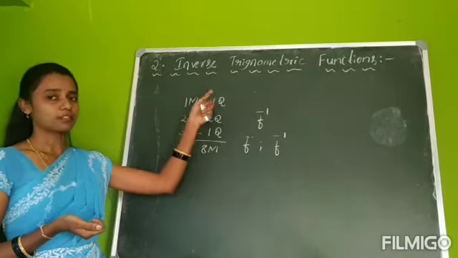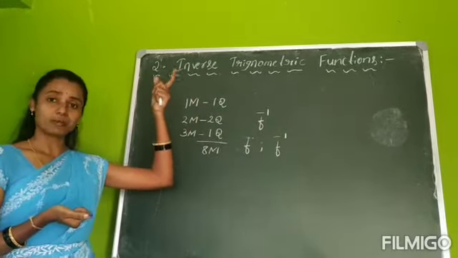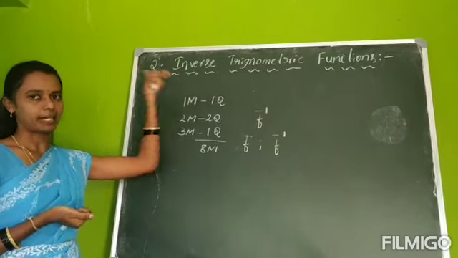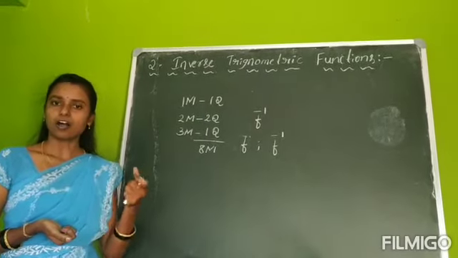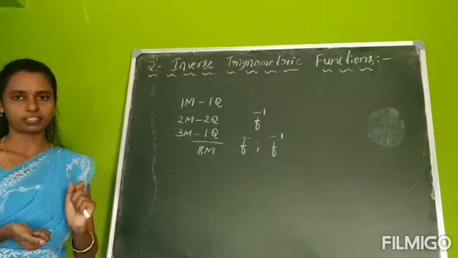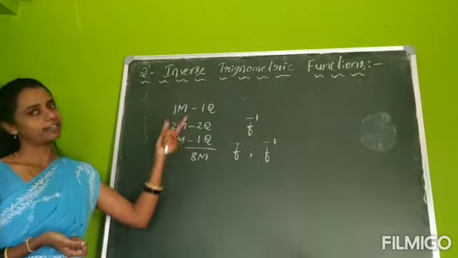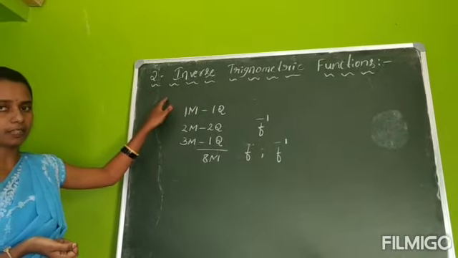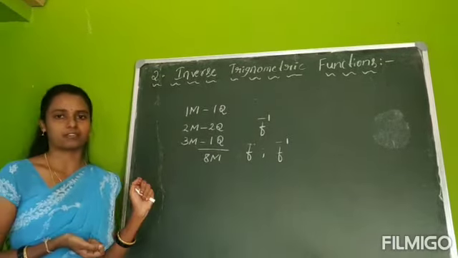So in this chapter we shall discuss the inverse of a trigonometric function. What exactly is this? Nothing but restrictions on the domains and ranges of trigonometric functions that ensure the existence of their inverse. We can also observe their existence in a graphical representation.